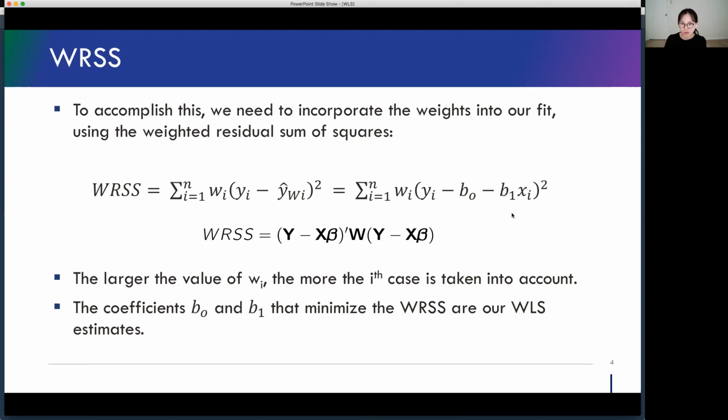In matrix format, it's now (y minus X beta) transpose times W, where W is the weight matrix, times (y minus X beta), where previously we did not have this W in between the two, right?